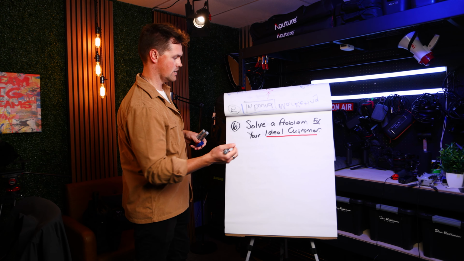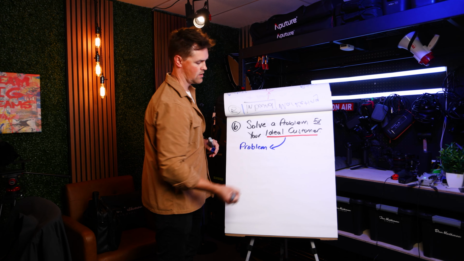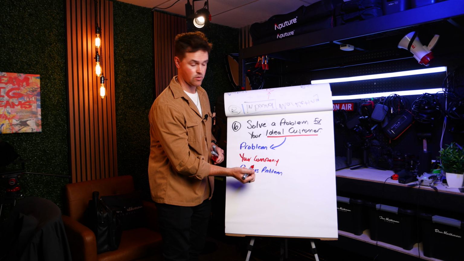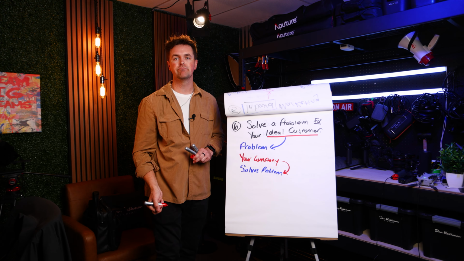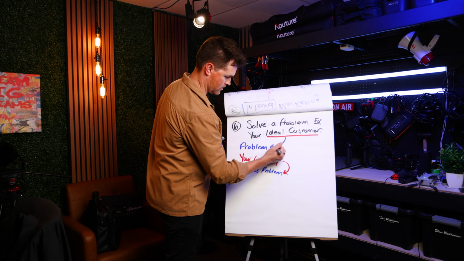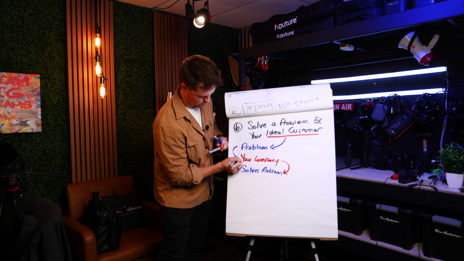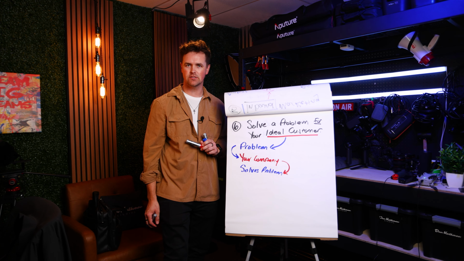Figure out who your ideal customer is, because once you know who your ideal customer is, let's do this. Your ideal customer has a problem. Your company solves that problem, right? So you've got an ideal customer, they have a problem, and then your company solves that problem. Pretty much basics, right?